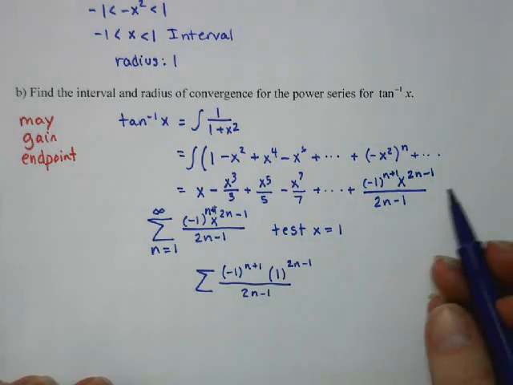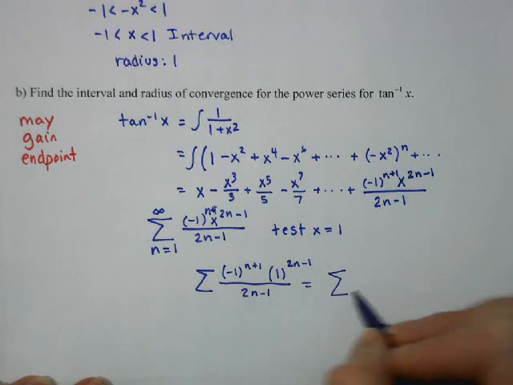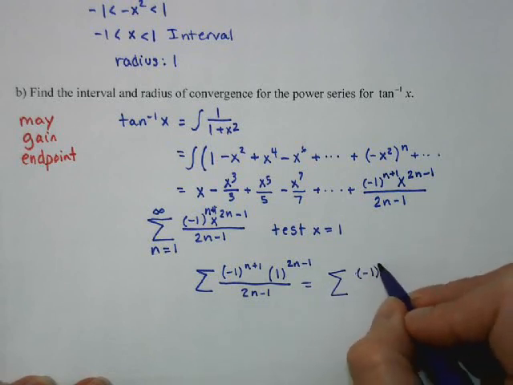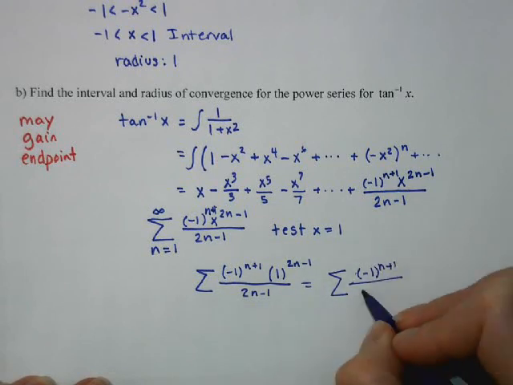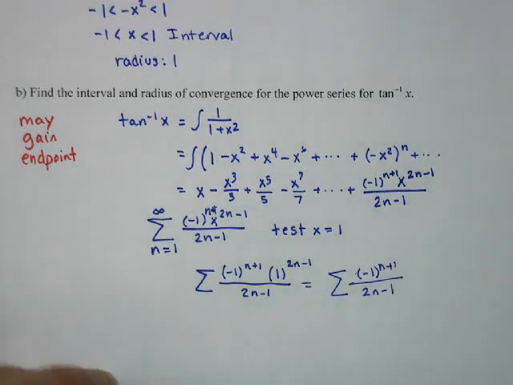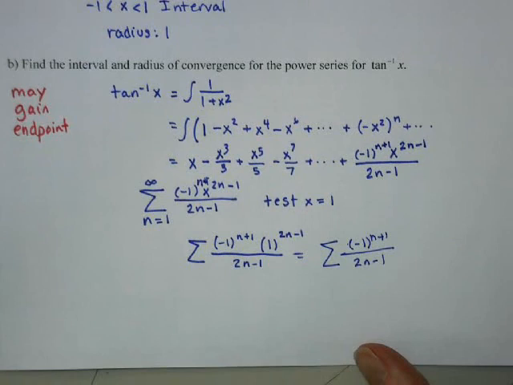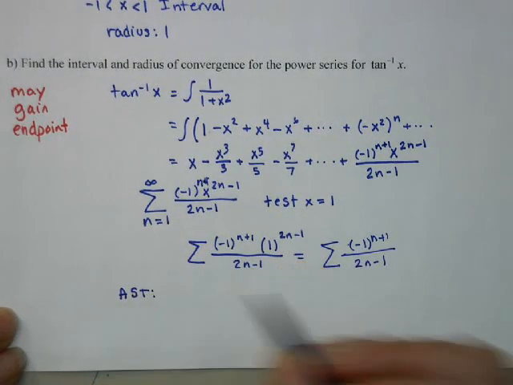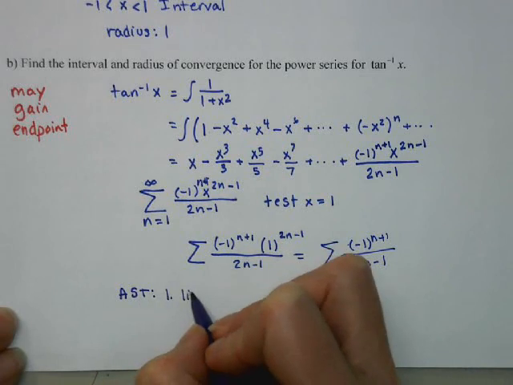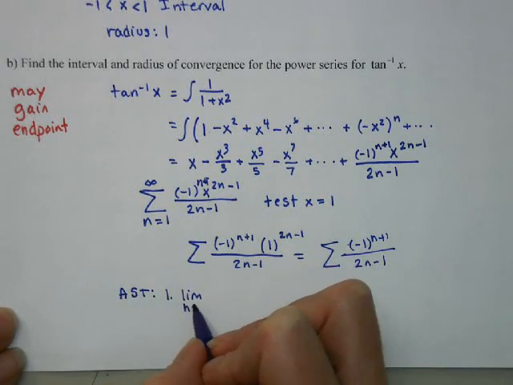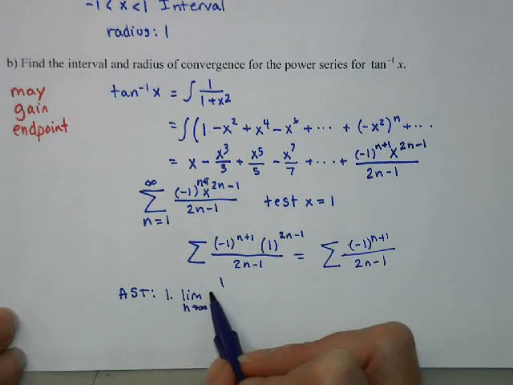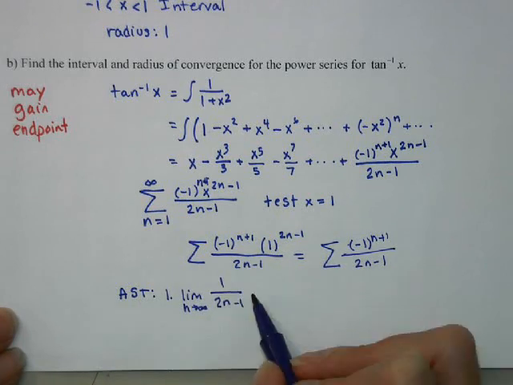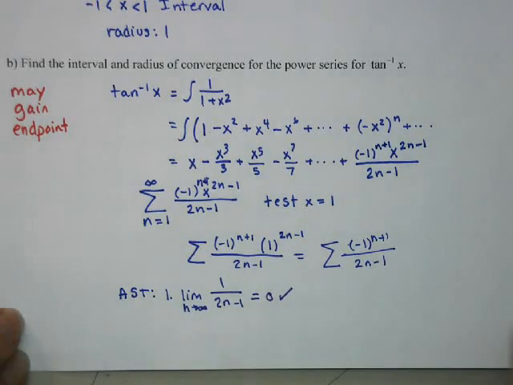Well, that piece is just always going to be 1. So this is negative 1 to the n plus 1 over 2n minus 1. So we're going to, again, use the alternating series test. So the limit as n goes to infinity of 1 over 2n minus 1 is 0.